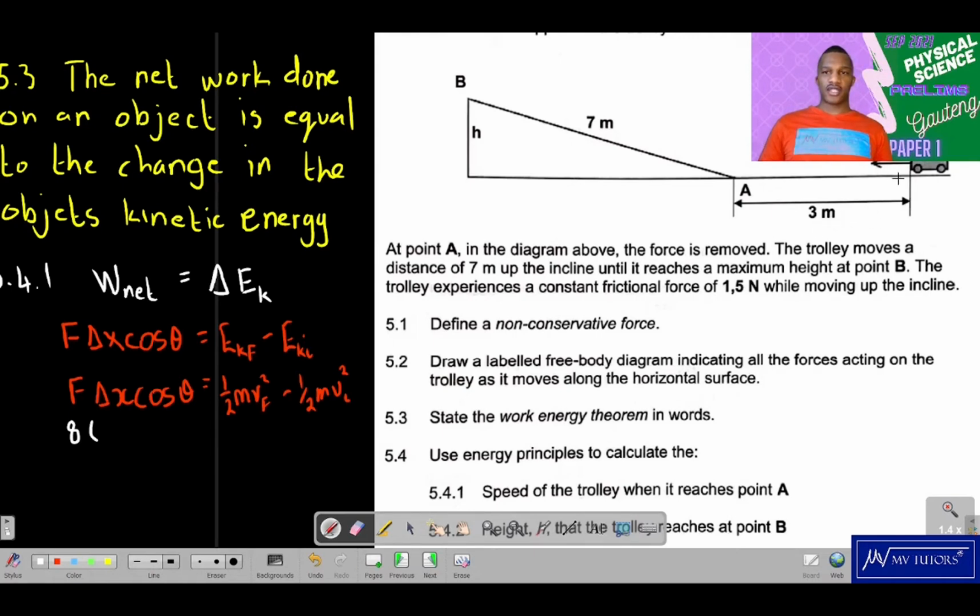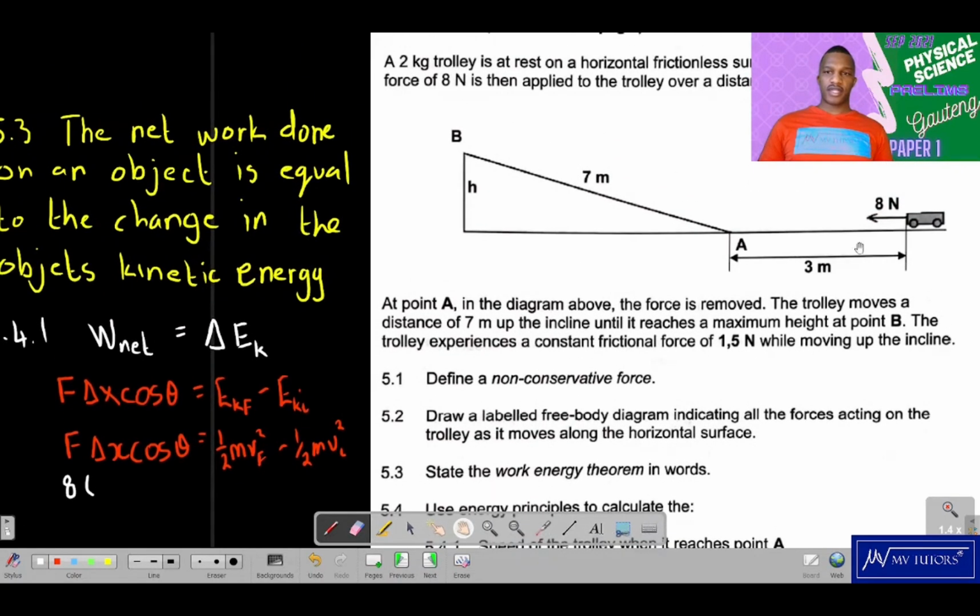My change in x is the distance. If you look at that distance here, it's 3 meters. So we're going to put that 3 in brackets there. And then we have cos. Now what's the angle there? The angle there is basically 0. There's no angle of inclination.